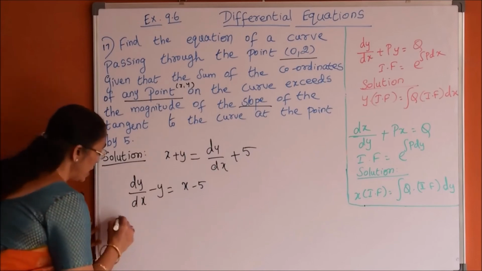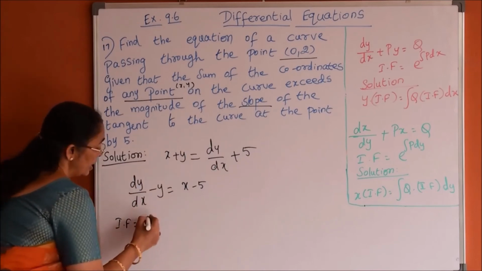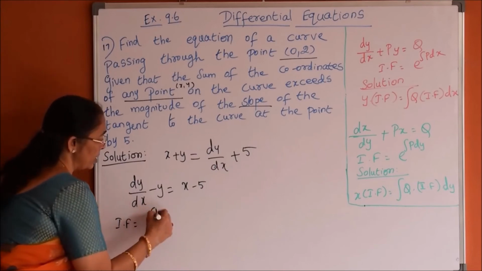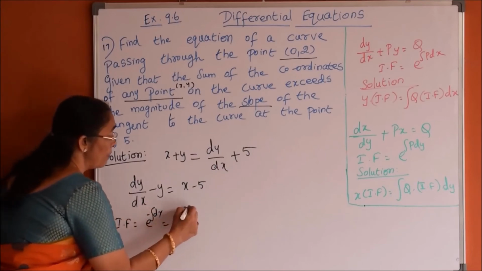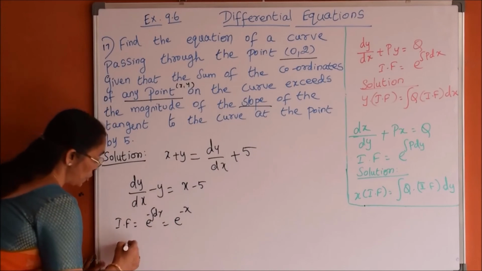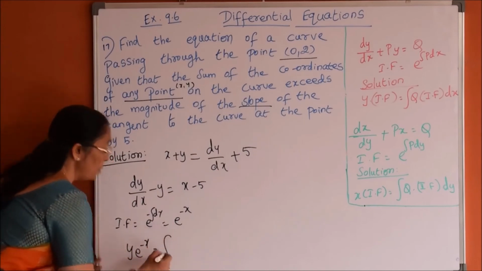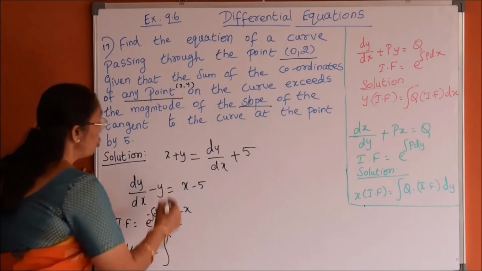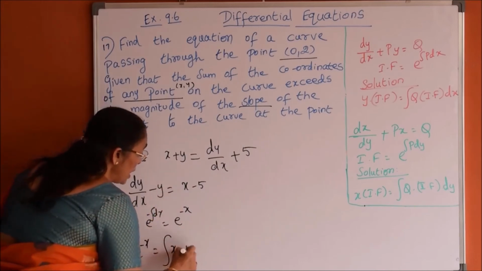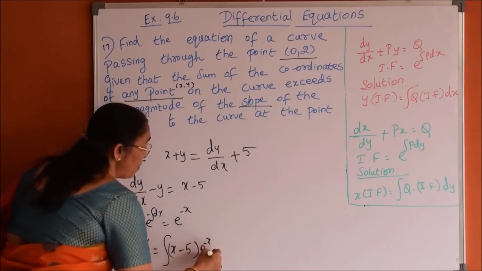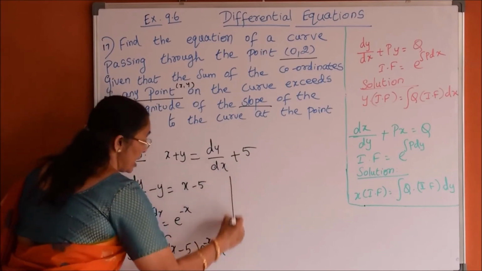So, the integrating factor is e to the power of integration of P dx, which is integration of minus dx, which is e power minus x. Now, the solution is y into the integrating factor equals integration of the Q function, x minus 5, times the integrating factor e power minus x dx.